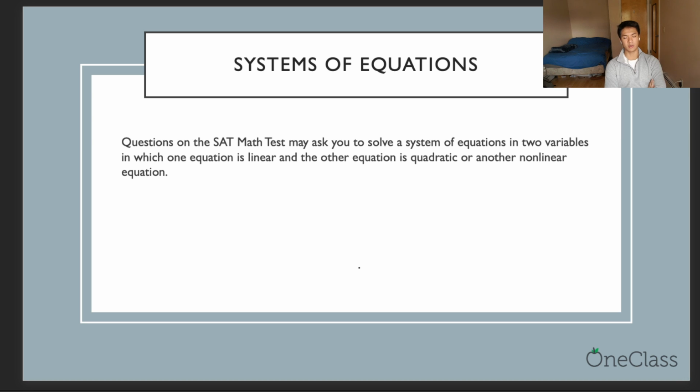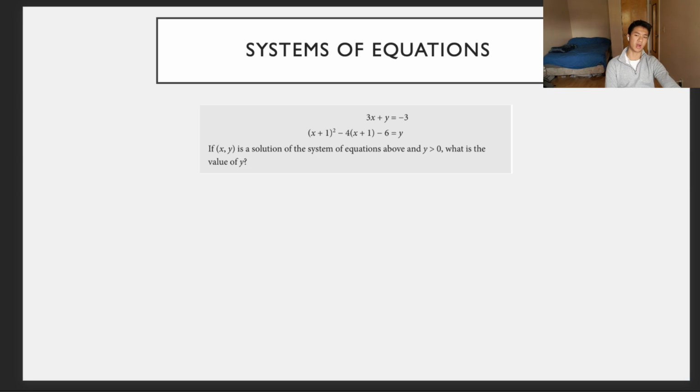We were solving those by doing substitution, elimination, sometimes graphing. And what we want to see here is what changes when one of those equations is linear and the other equation is now quadratic. And that's going to be seen in this practice question here.